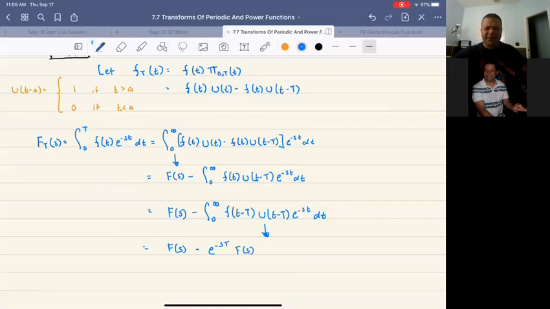I think that's number 10 in your integral chart. So now we've got it, because we've got f of s here, f of s here, f sub T of s here. We can simply write f of s equals f sub T of s over 1 minus e to the negative sT.